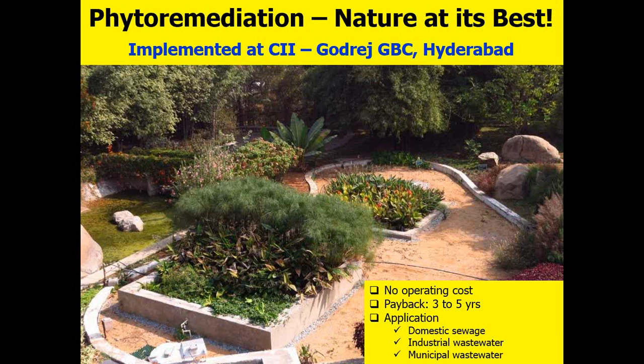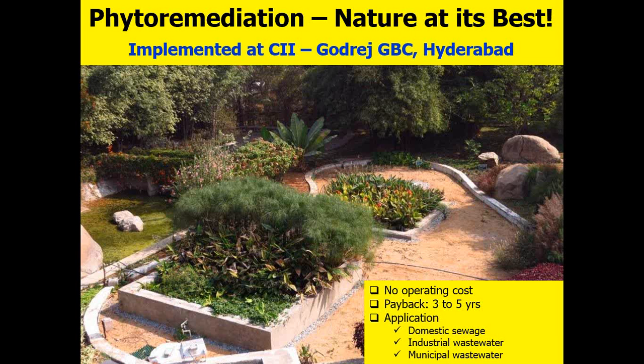These plants are a specific type of species which take the wastewater, and whatever nitrates and urea exist in it, they consume as nutrients and treat. The treated water is collected at the end point and reused.